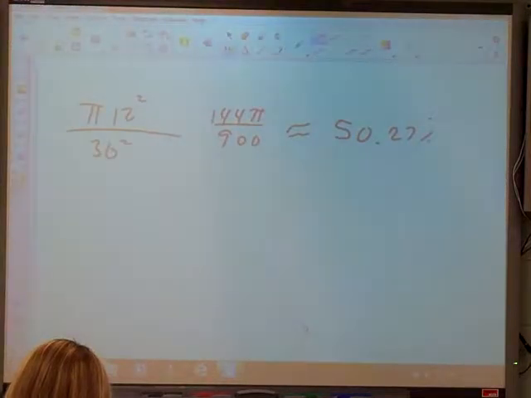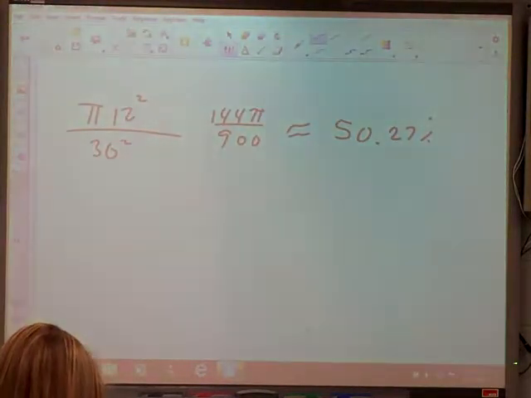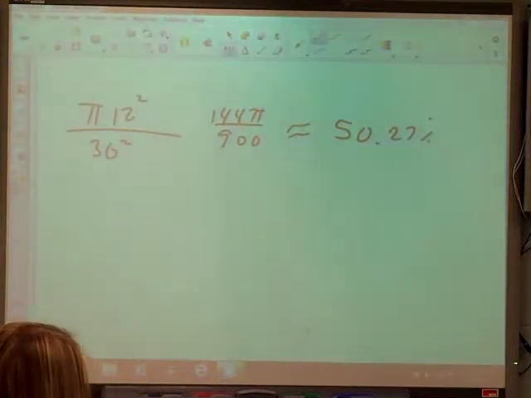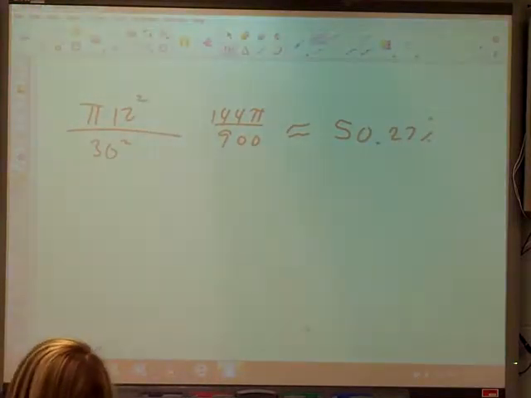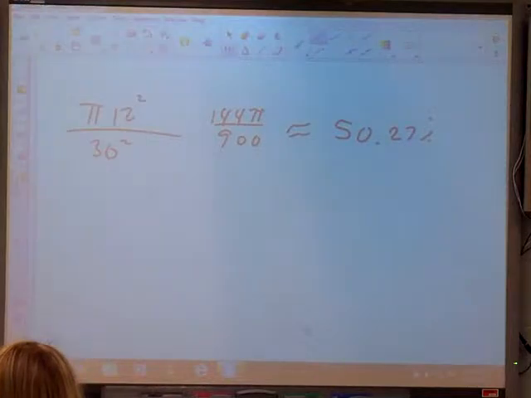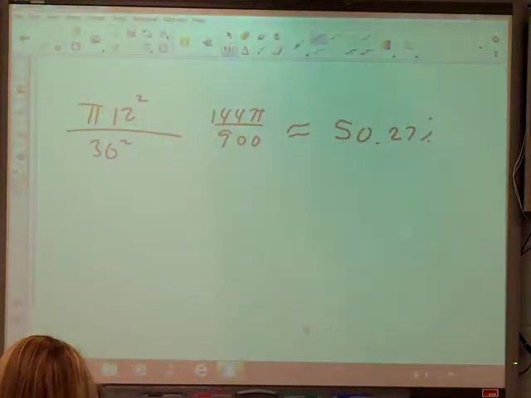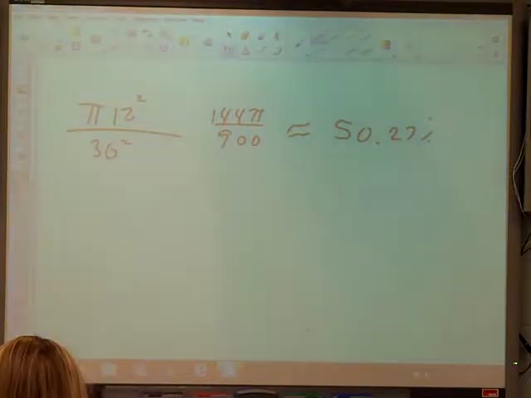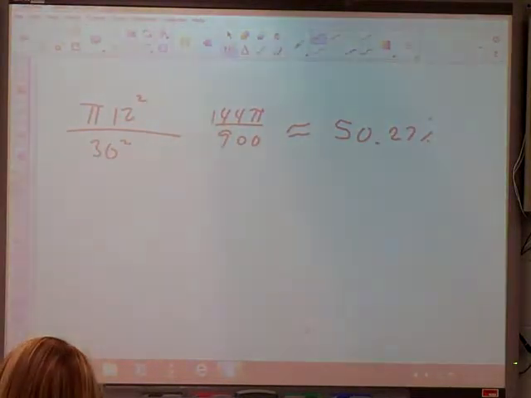What'd you get on that part? Okay, now divide it by 900. You didn't divide it by 900, that's where you went wrong. I got 0.503 on the sheet. Well, I don't know, that's wrong for me.